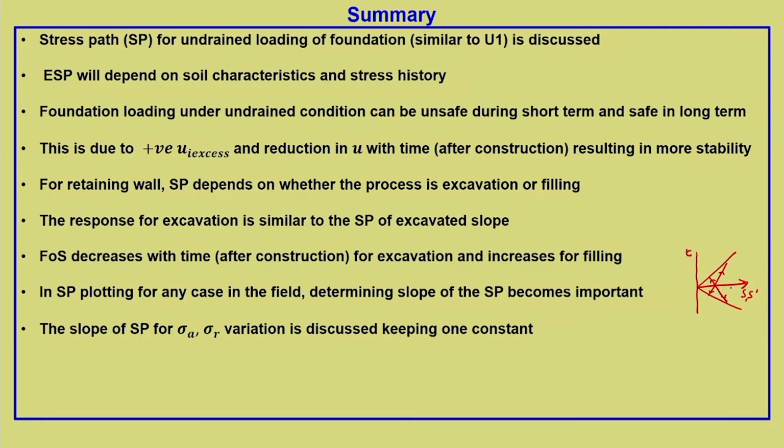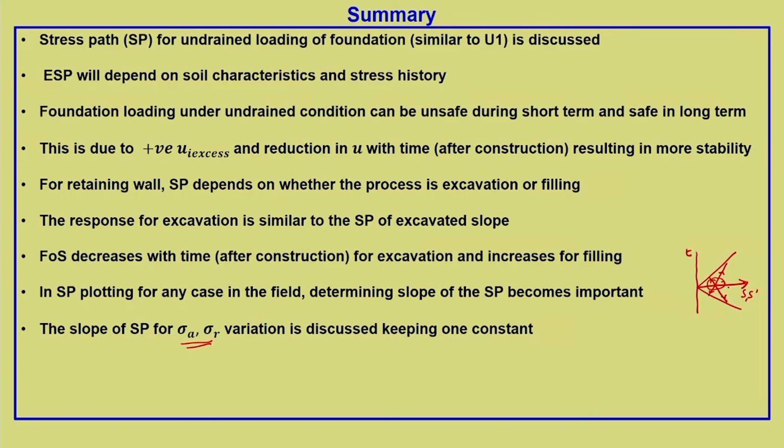Now, in the field, depending upon how sigma A and sigma R vary, the slope of the stress path would change, and that can change in any direction in this 360 degrees. What we have discussed is a critical case where one is constant and the other one is changing.